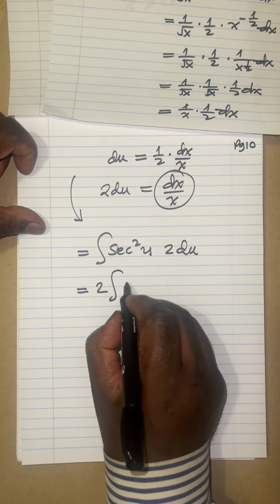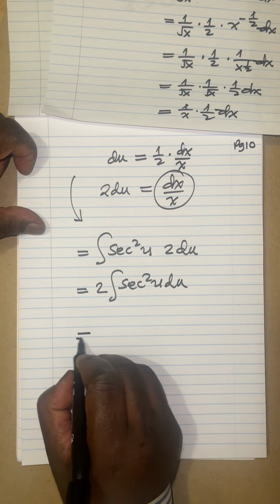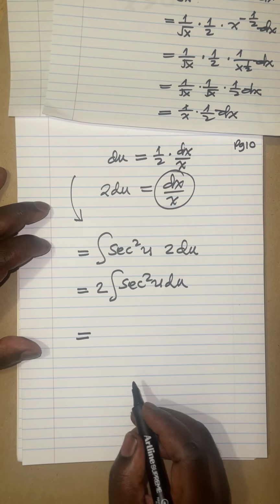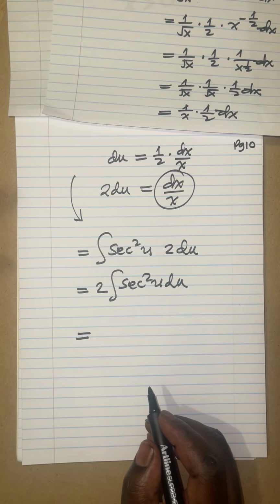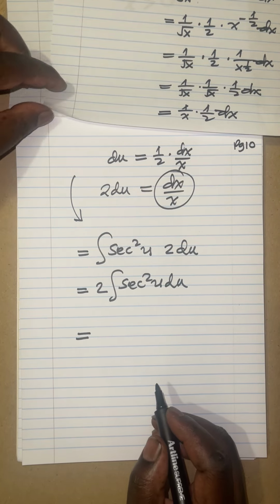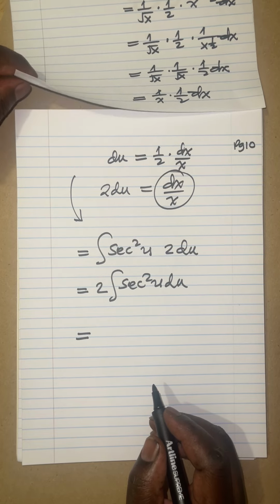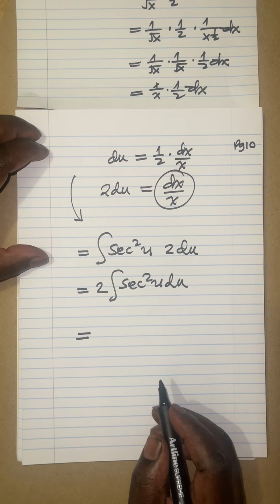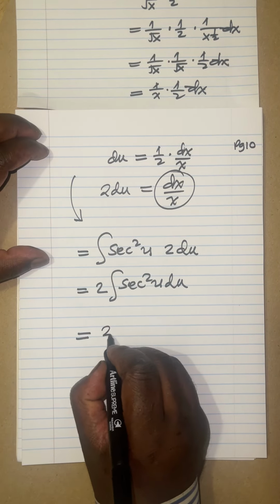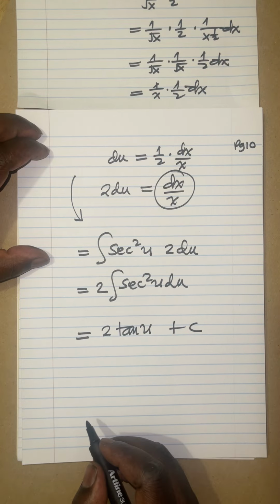So 2 integral of sec squared u du, and the integral of sec squared is actually tan, because derivative of tan is sec squared. Remember, integration is the inverse operation of differentiation, the inverse of each other. So in this one here, it's going to be 2 tan u, and we must say plus a constant.